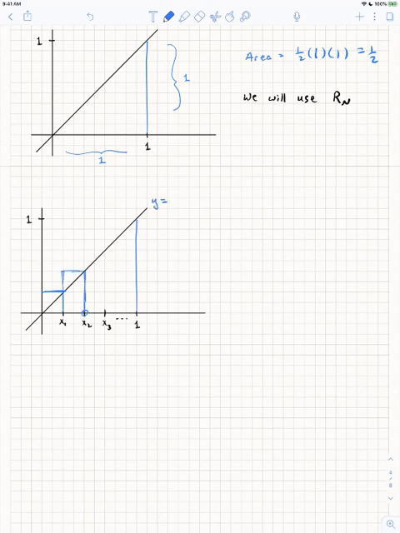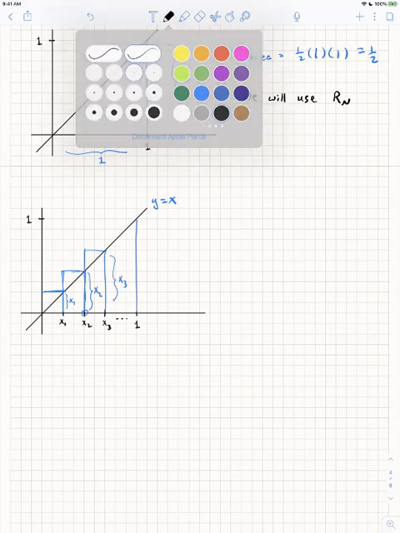This graph is y equals x, so the height is just the x value. So our first rectangle has height x1, and our second rectangle has height x2. And if we did the third one, we use the right endpoint, and we can see that it's going to have height x3.